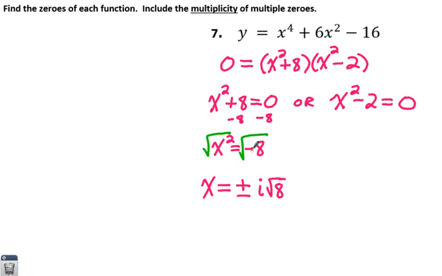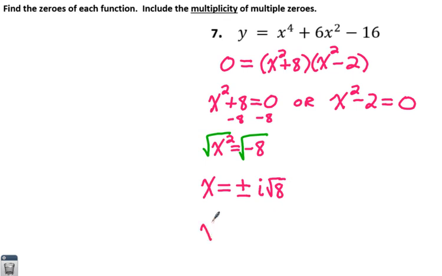But guess what? Root 8 simplifies. I'm not going to do a full review of how to simplify square roots. Use whatever method you want, but when you simplify root 8, maybe I'll do it a little bit my way. You write it as root 4 times root 2, because that's the same as root 8, and the root 4 just becomes 2.